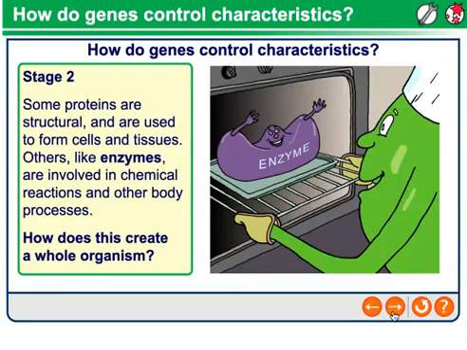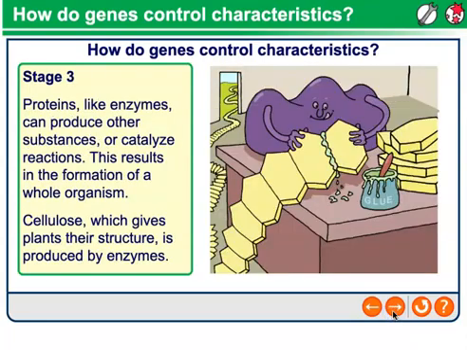Stage 2. Some proteins are structural and are used to form cells and tissues. Others, like enzymes, are involved in chemical reactions and other body processes. So how does this create a whole organism? Stage 3. Proteins, like enzymes, can produce other substrates or catalyze reactions.